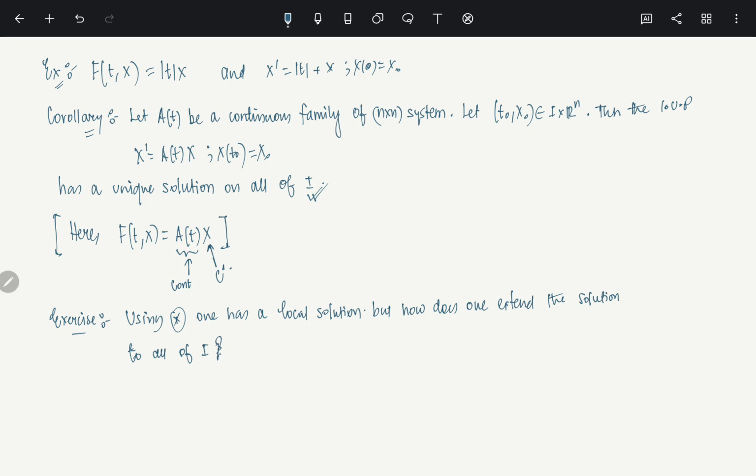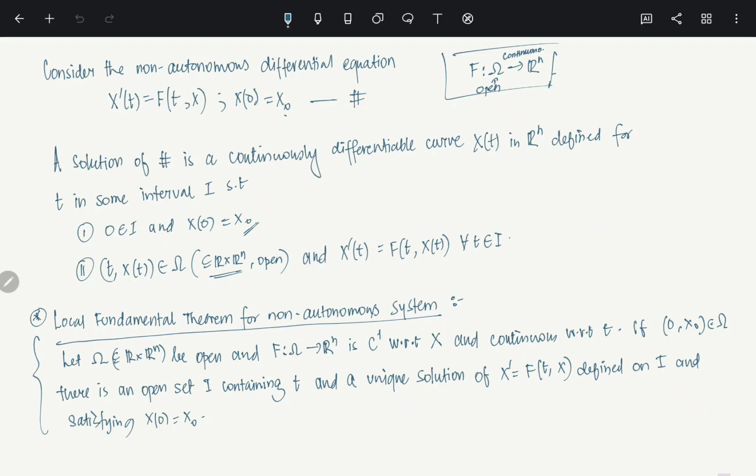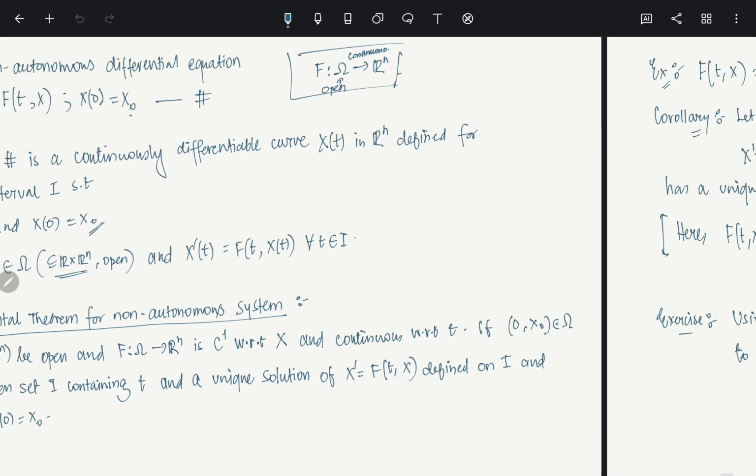I is where A(t) is defined, so t is varying in I. What I am saying is: wherever they are continuous, let's say A is continuous in whatever interval I, in that same interval, everywhere there is a unique solution. It doesn't have to be local. You can show that this solution is going to be global. Global means everywhere.